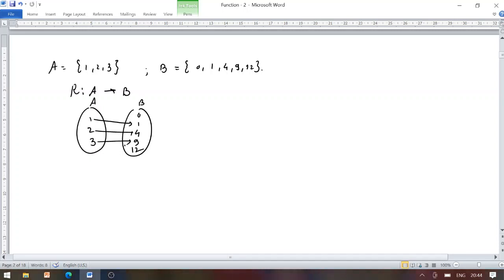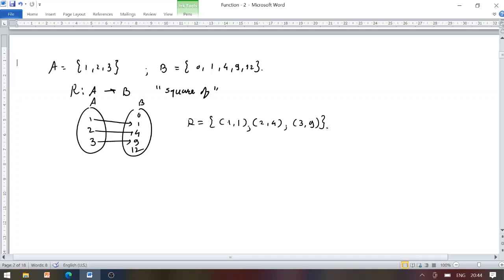That means the relation from A to B is given by the square relation. Why? Because 1 squared is 1, 2 squared is 4 and 3 squared is 9. So we have the relation in the form of ordered pairs (1, 1), (2, 4) and (3, 9).